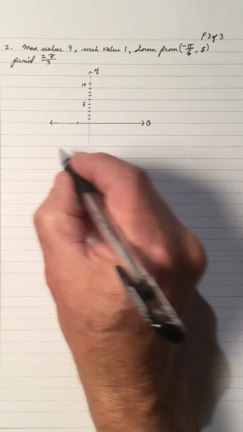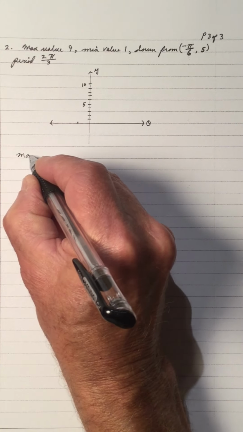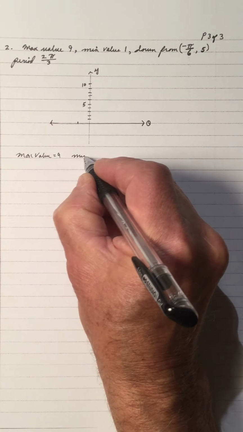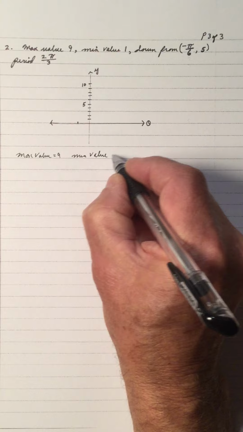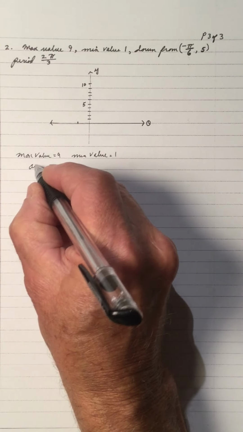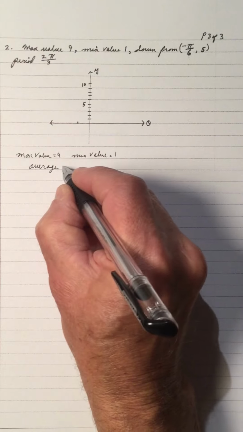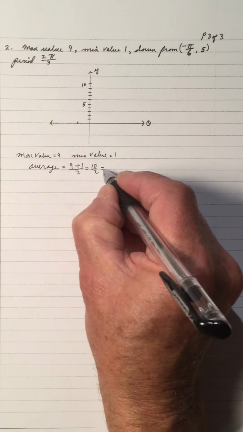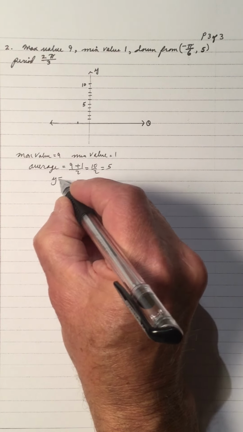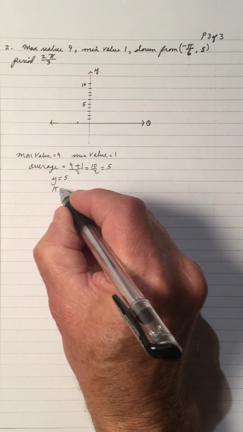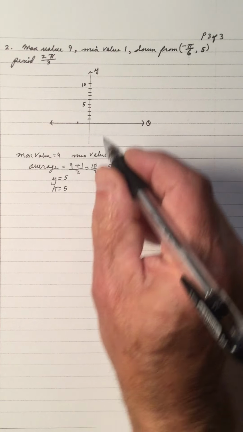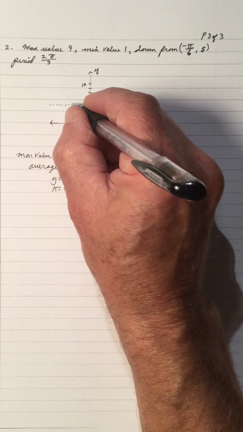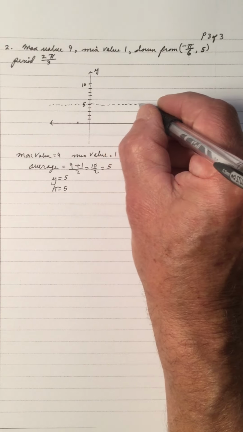So that means that if the maximum value is 9 and the minimum value is 1, again the average, which is the sinusoidal axis, is 9 plus 1 divided by 2. 10 divided by 2 is 5. So y equals 5 is the sinusoidal axis. Also, k is 5. So the sinusoidal axis, 1, 2, 3, 4, 5 is here. So the sinusoidal axis is going through here.